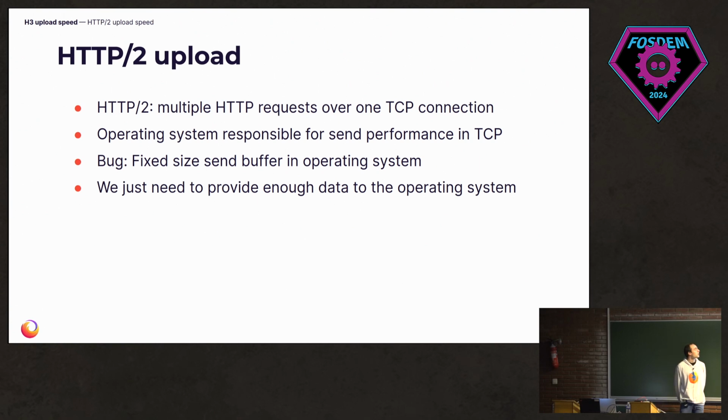And real quick, the bug in our HTTP code that caused the slow upload was that we configured the socket to have a fixed size buffer of 128 kilobytes. And this fixed size buffer became a bottleneck in high bandwidth situations.